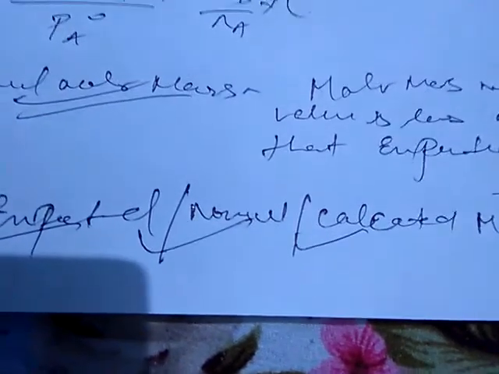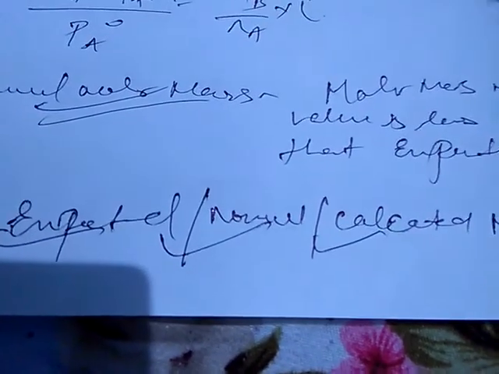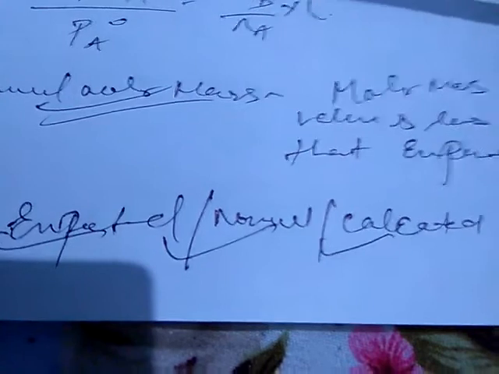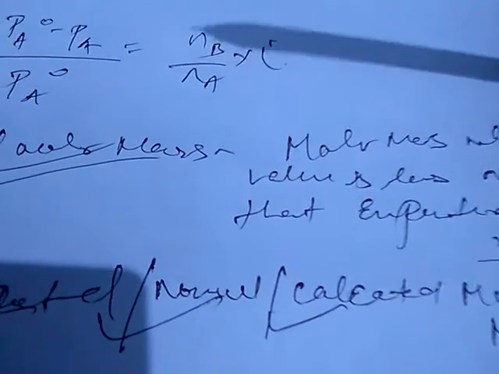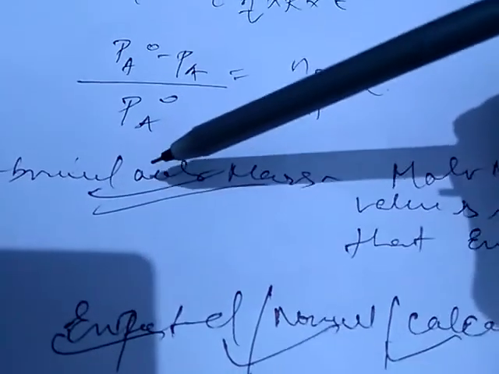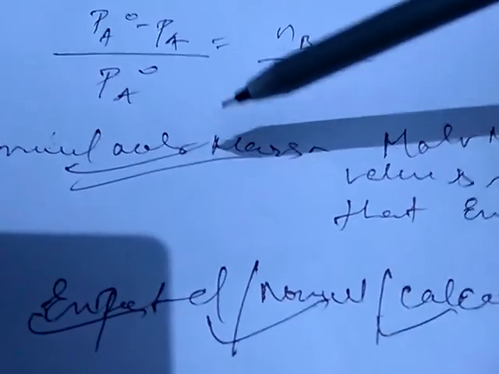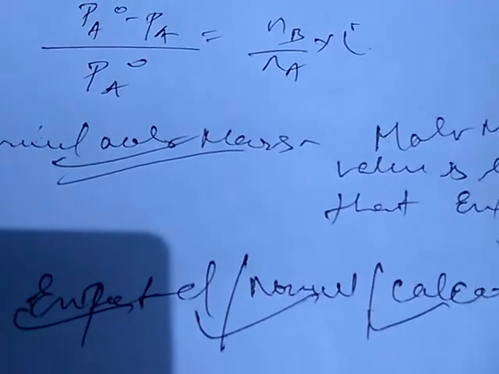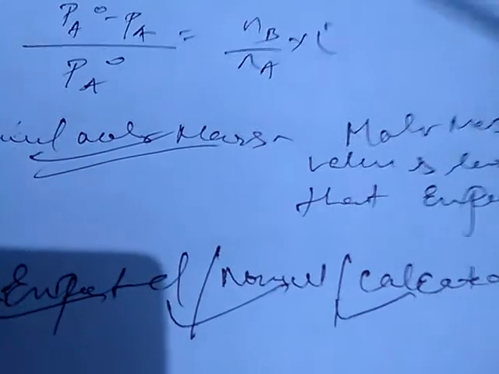But in actual, it is not necessary that the solute particles would not associate or dissociate. There might be some association among the solute particles, there might be some dissociation, so some abnormality is observed. We can see some abnormality in the molar masses because of the association or dissociation.